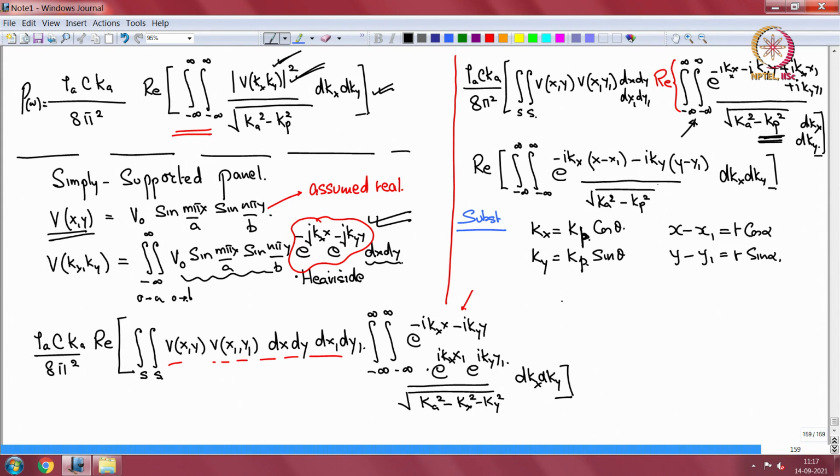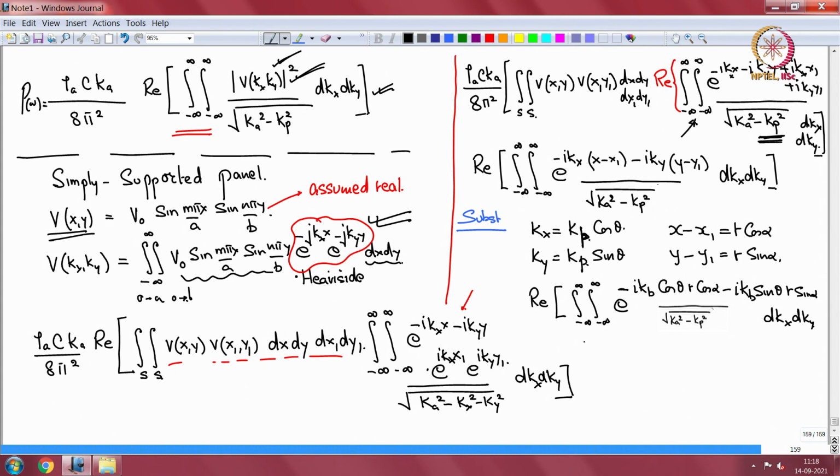So, if we do this, we get the real part of the integral from minus infinity to infinity, minus infinity to infinity, e to the power of minus i kb cos theta r cos alpha, minus i kb sin theta r sin alpha, dkx dky.